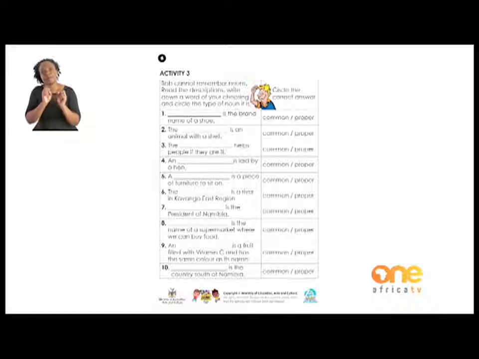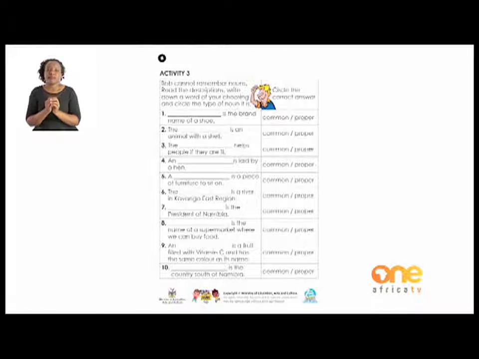Right, I think it's clear now. On your left, it says, circle the correct answer. Now, how do we answer this? Let's go to number 1. I'll give it as an example. Maybe number 1 and 2 as examples, and then the rest, you do it on your own.